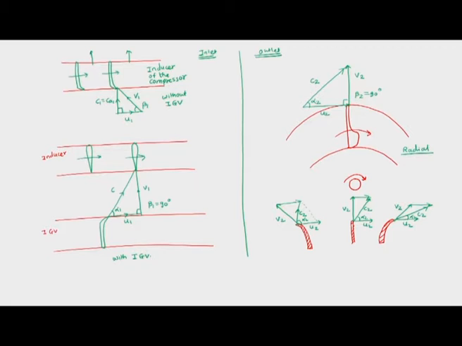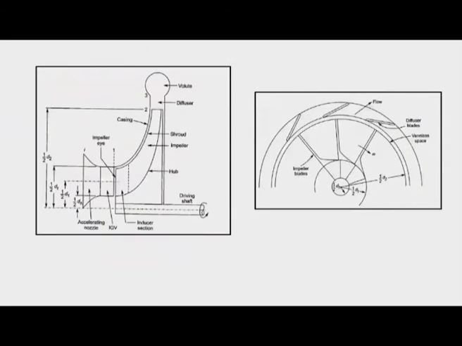So in that case we can draw the velocity triangle for the blades of the impeller. Let us draw the velocity triangle for the radial blade. For the radial blade, we have v2, then u2, and then c2 as the resultant velocity.